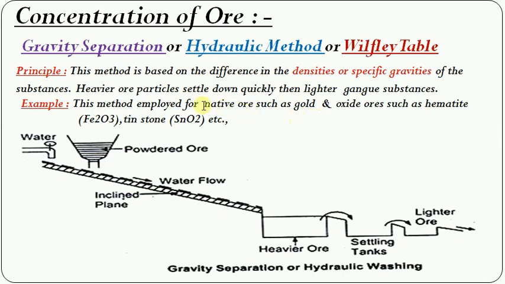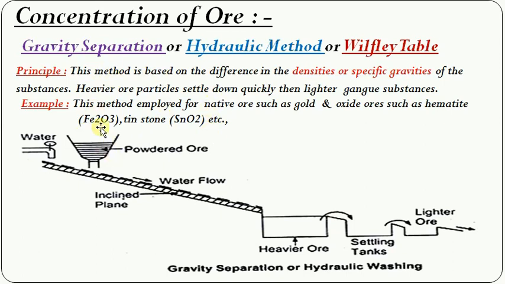That's why we call it a native state ore, or native ore. So this method is employed for native ores such as gold, and oxide ores such as hematite, which is the principal ore of iron, and tin stone, SnO2. These are the ores for which we employ this method.